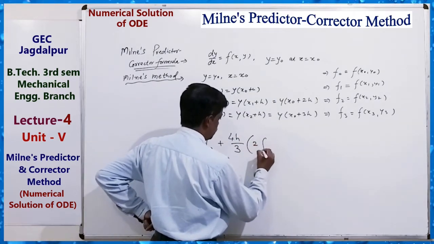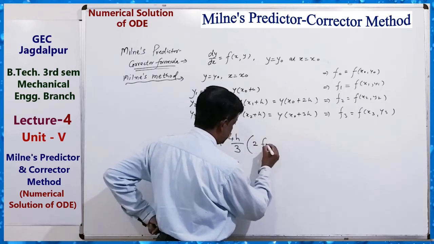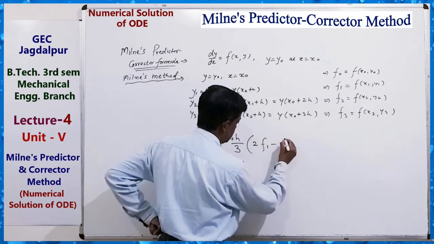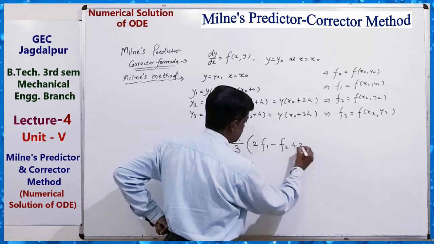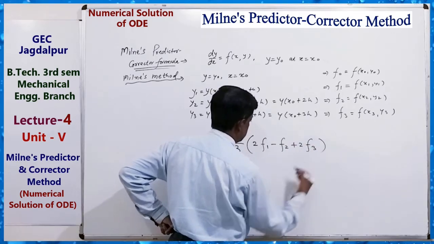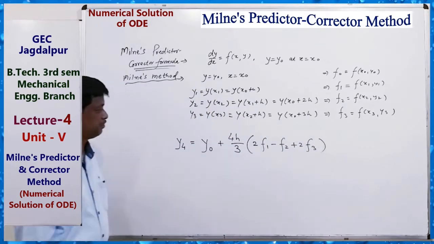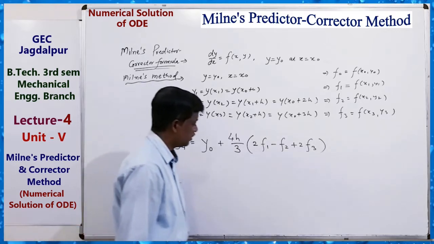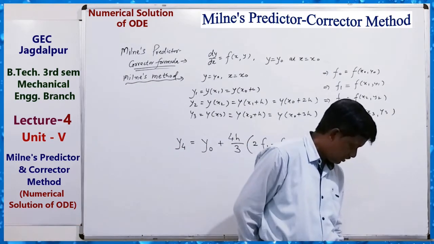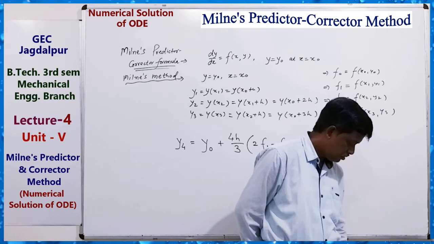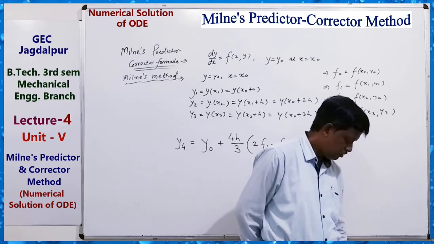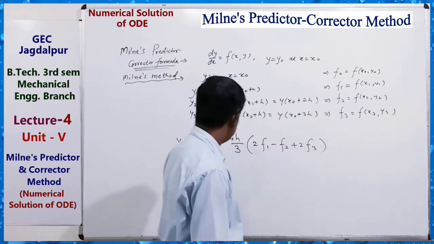So y4 equals y0 plus 4h by 3 times (2f1 minus f2 plus 2f3).